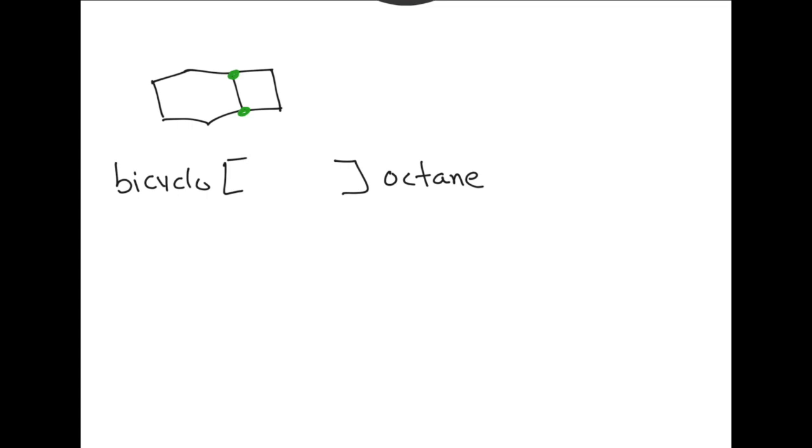We're counting shared carbon to shared carbon. So 1, 2, 3, 4. 1, 2. And now the last number is 0. There are no carbons between those two shared carbons when you're fused, right?